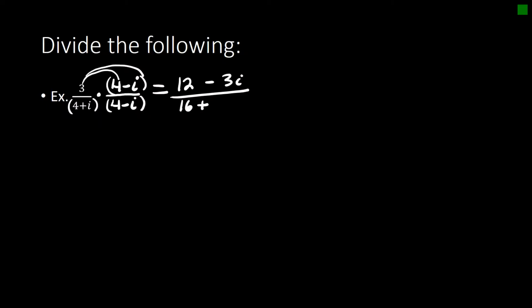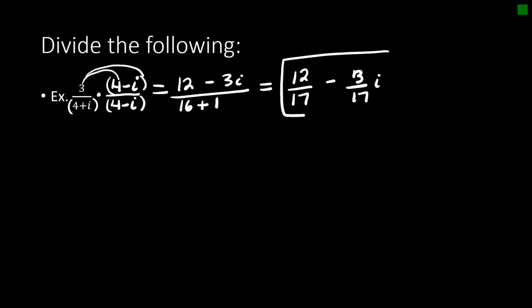Here b is 1. b squared is 1. So we have a denominator of 17. Remember that we have to break this up to be in the true a plus bi form. So this is 12 over 17 minus 3 over 17i. So that's division of complex numbers.